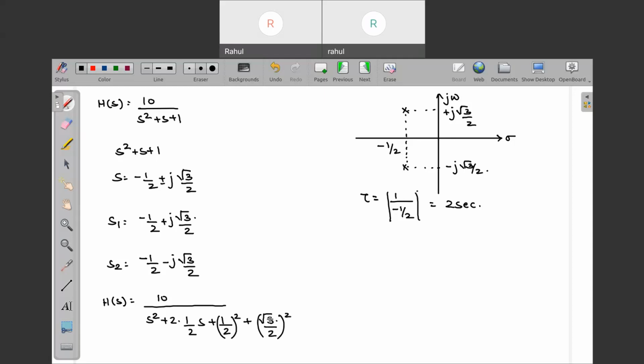So this will be 1 by 4 plus 3 by 4, and this 2 will get cancelled. So the same thing you will be getting over here. So this I can write as 10 divided by (s plus half) whole square plus (root 3 by 2) whole square. So what I can do, I can multiply with root 3 by 2 and divide it by root 3 by 2. Now we know what?